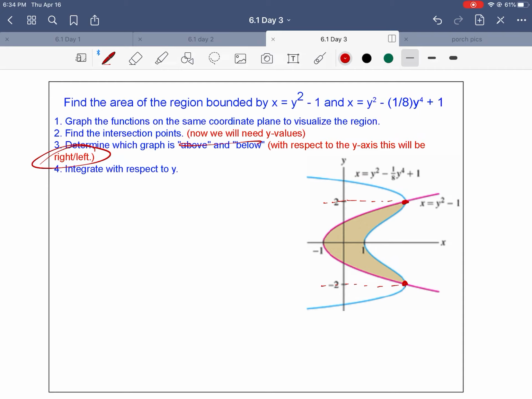So what is further right? Well, at any given moment inside of this space, the blue graph is on the right side from the pink graph. So blue minus pink is always our right minus left in that whole space from bottom to top.